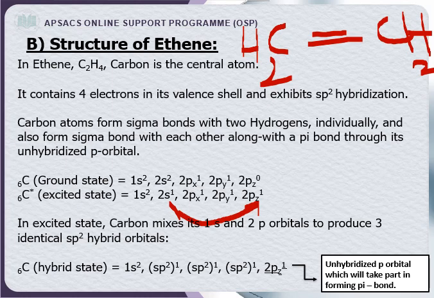None of them will be called an s orbital or p orbital, but they will all be termed a new type of orbital, that is sp2 hybrid orbitals. So here you can see the 1s2 orbital is retained as such, while the other three are occupied by one electron each, while one unpaired electron is also present in the unhybridized p orbital. Right?